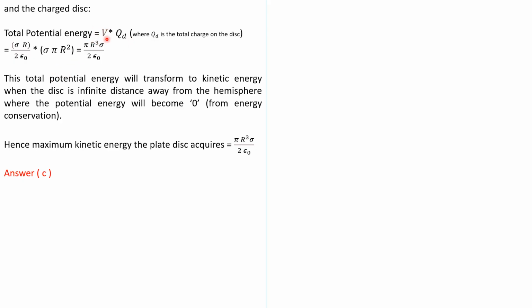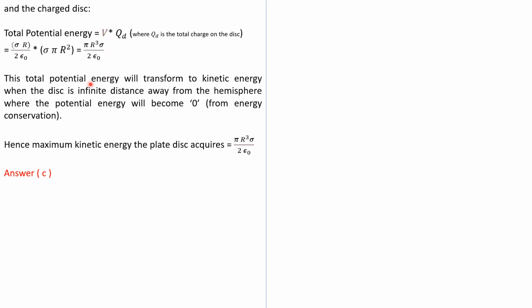So V we have already calculated in the last page. So we will put this value sigma r by 2 epsilon naught into QD. QD is the charge on the disk. That is equal to sigma, the charge density, into the area of the disk, sigma pi r square. So we have got this expression pi r cube sigma squared divided by 2 epsilon naught.